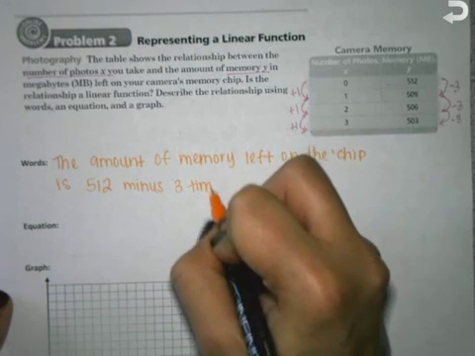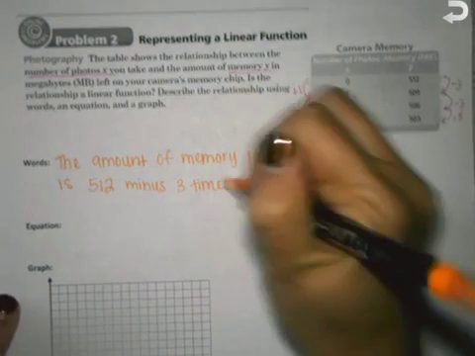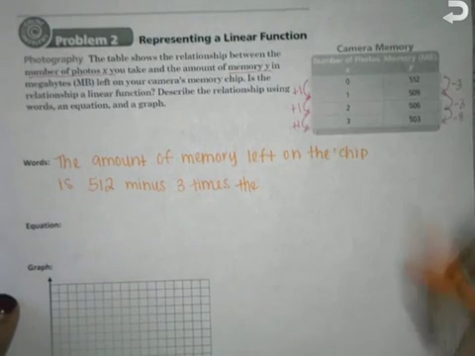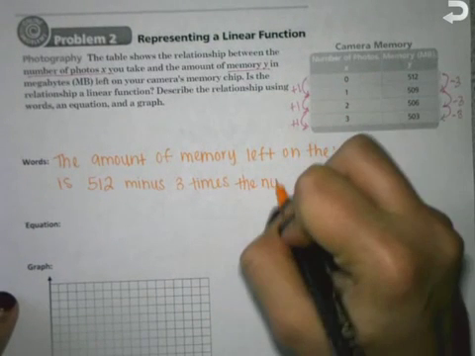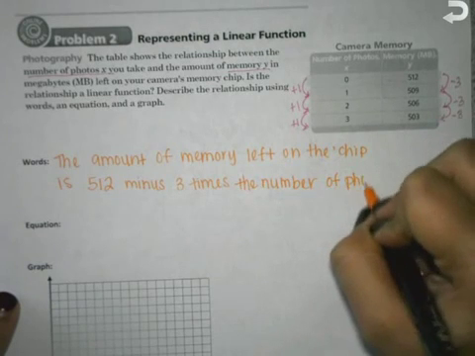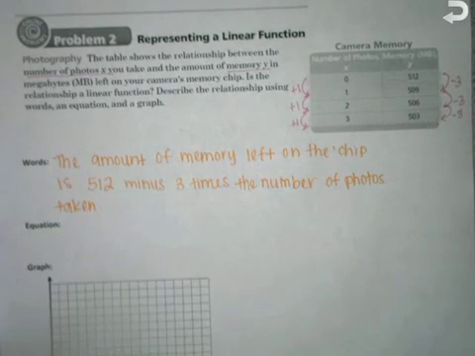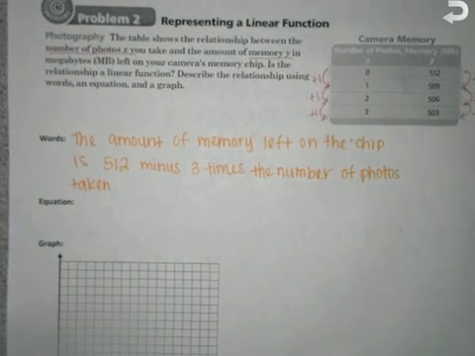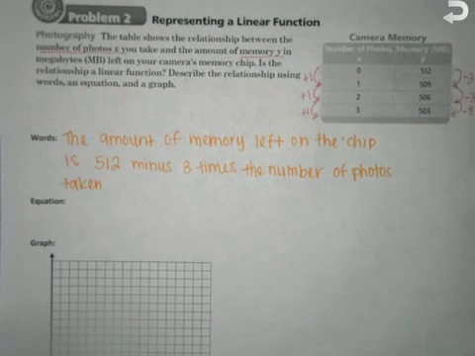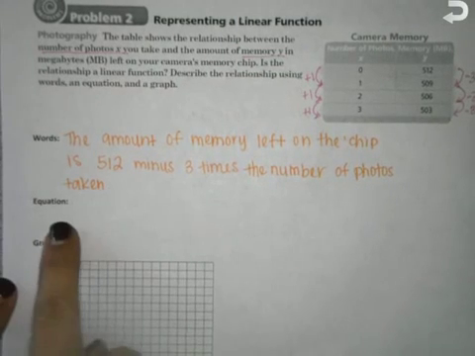You can't use X in your words because we don't know what X is. It's 3 times, what is X? The number of photos. Okay, so the amount of memory total left on the chip is 512 minus 3 times the number of photos taken. What I want you guys to try right now, see if you can figure out what the equation would be.